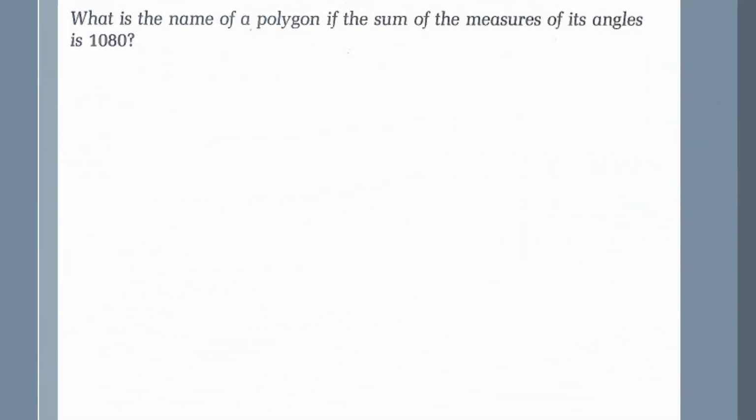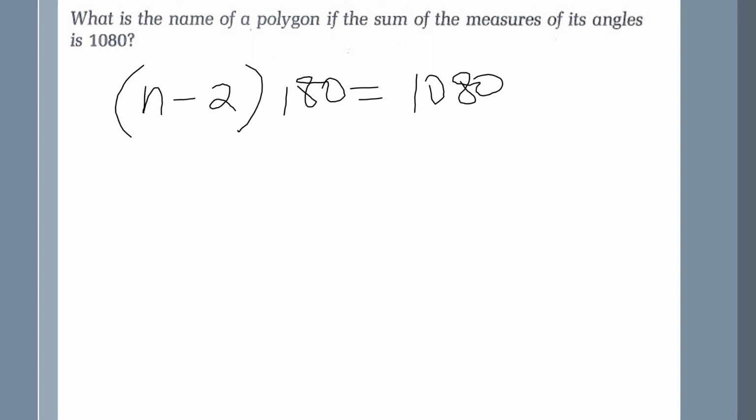Okay, what is the name of a polygon if the sum of the measures of its angles is 1080? So you're going to plug in n minus 2 times 180 equals 1080. So from there, you take out your handy dandy calculator and you divide each side by 180.